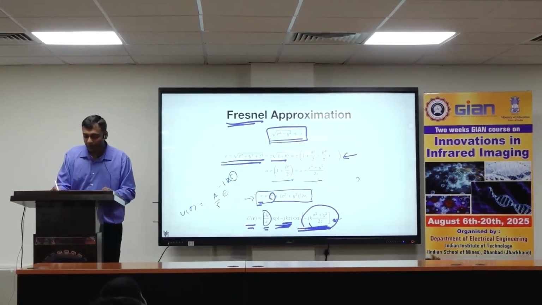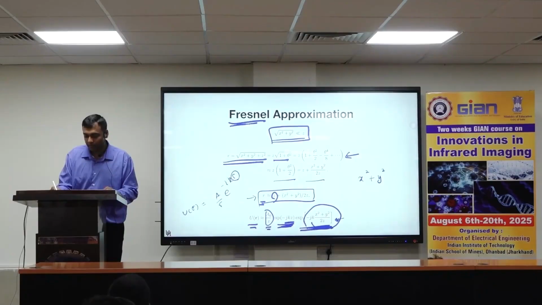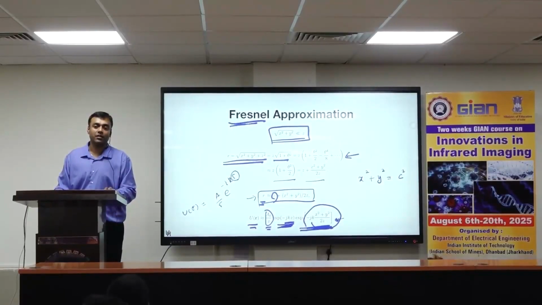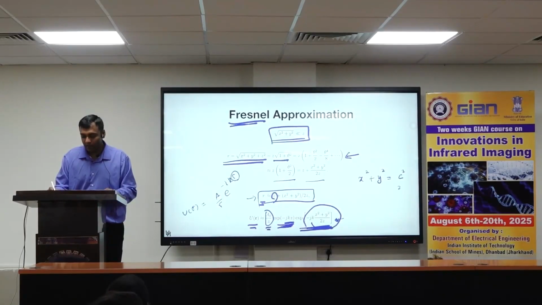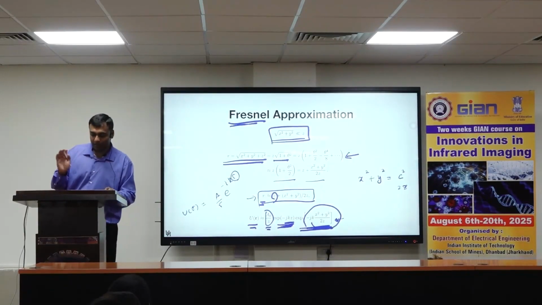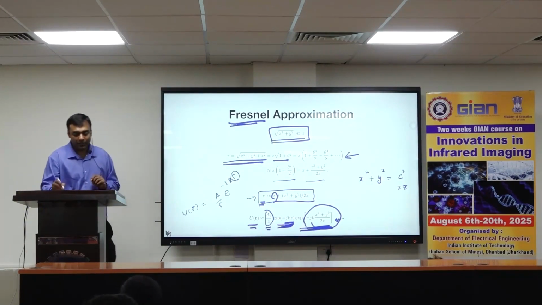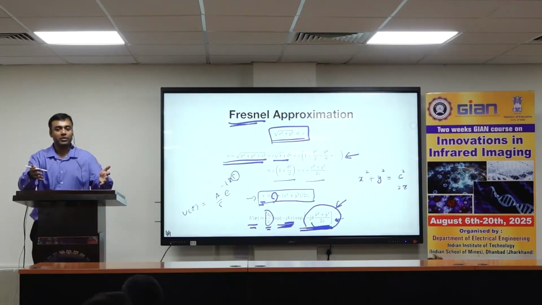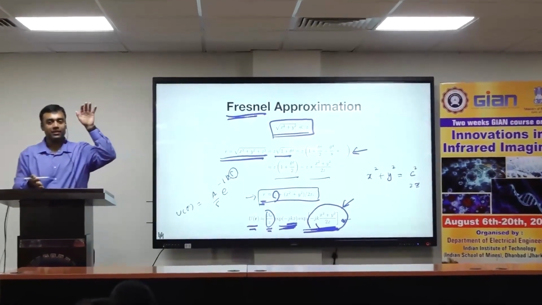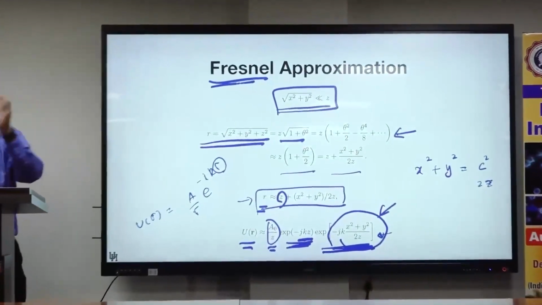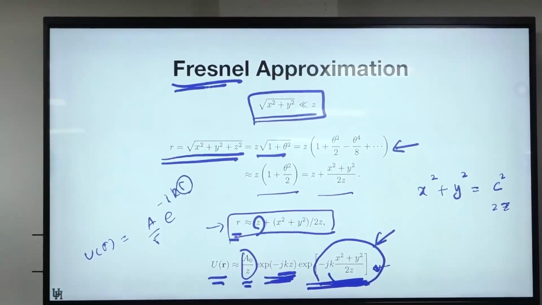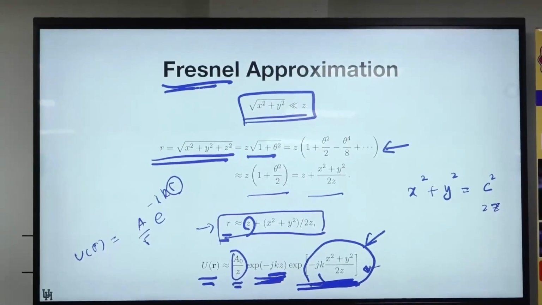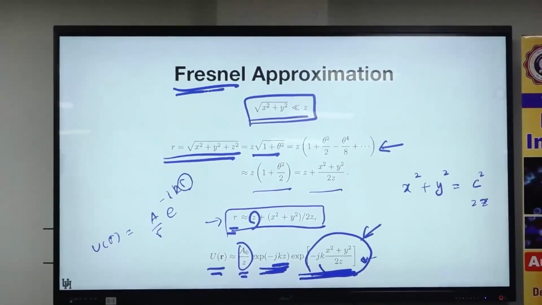If you remember from your coordinate geometry, what does this represent? It's a circle, and in this case it happens to be c equals 2z. If you equate the phase to a constant, in 3 dimensions it will be a spherical surface. So what we are saying is that it can be approximated by a sphere; the wavefront will be spherical in nature.